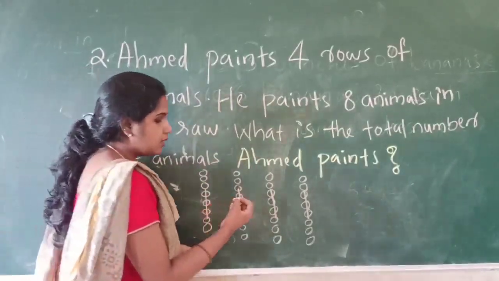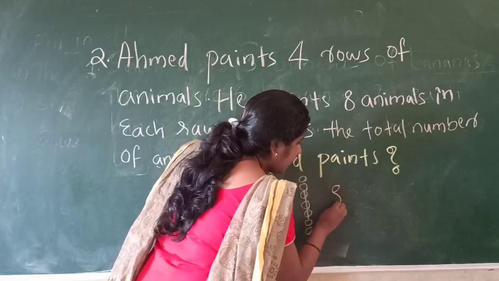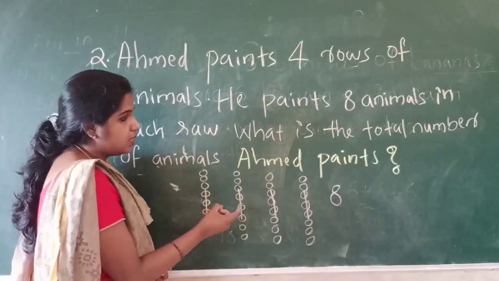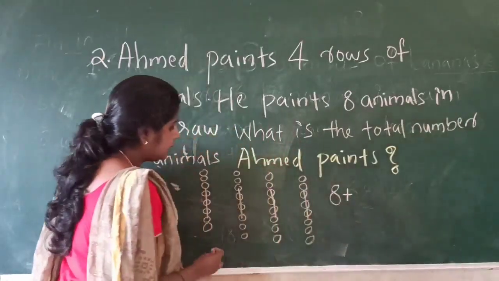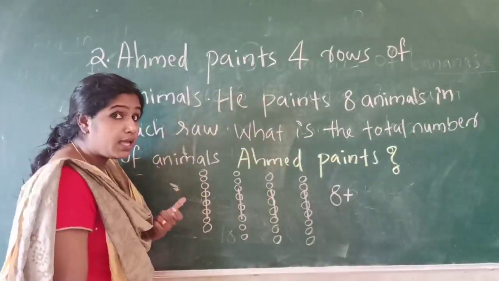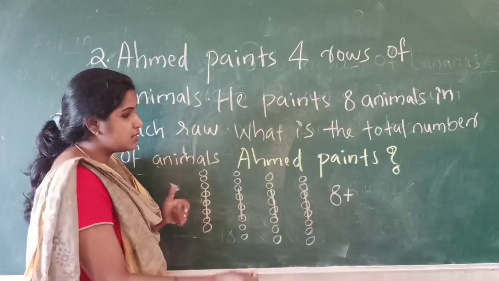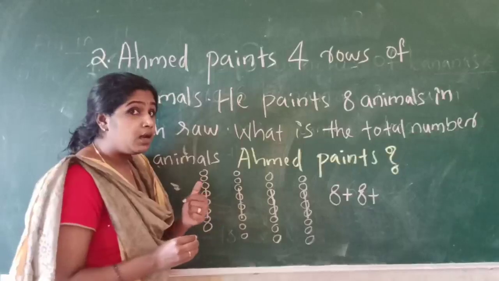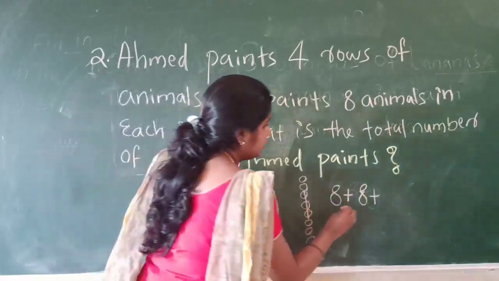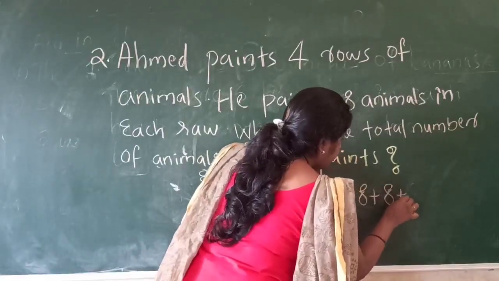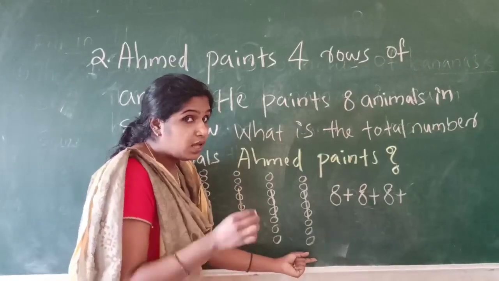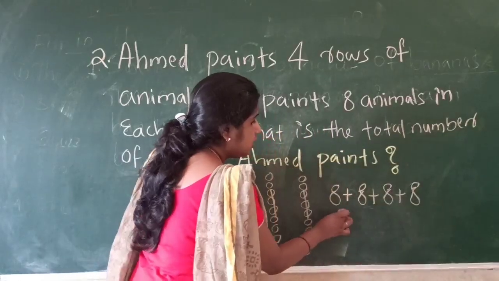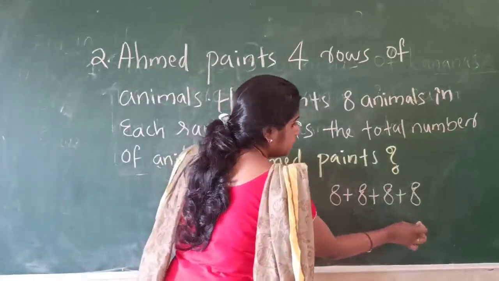In the first row, how many animals? 8 animals. 8 plus, then in the second row, how many animals? Yes, 8 again. Then in the third row? Yes, 8. So 8 plus, in the fourth row again 8 animals. So 8 plus 8 plus 8 plus 8.